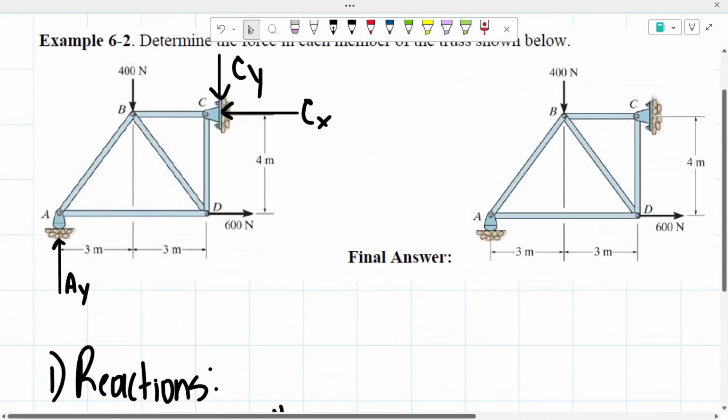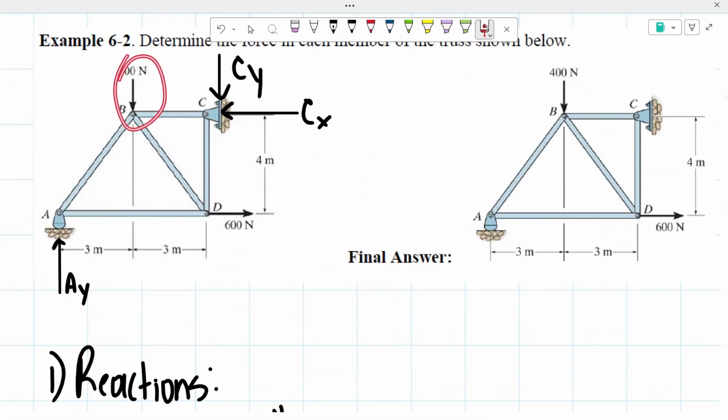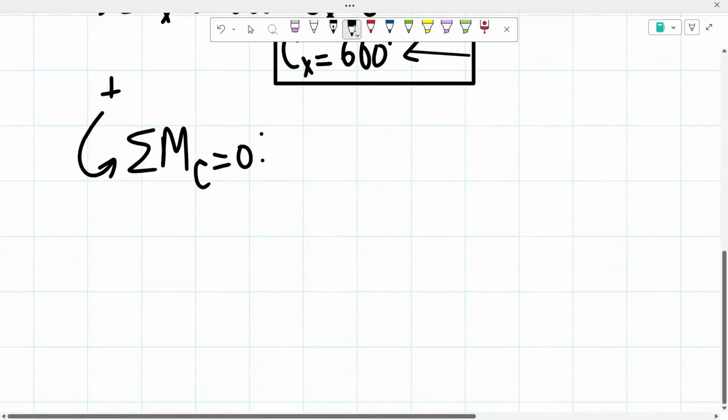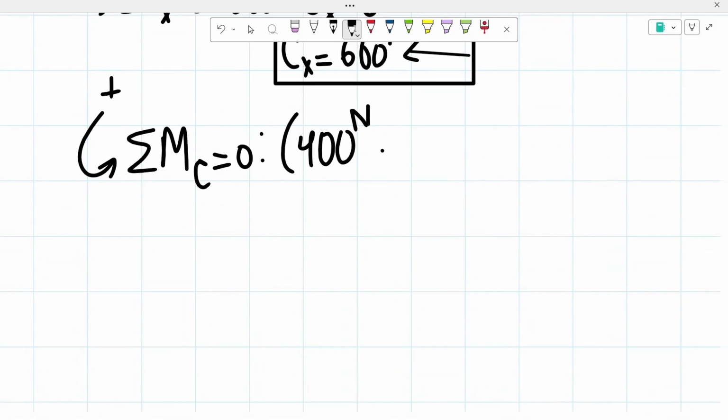From here we have this 400 newtons that's being applied downwards. We know that's going to be creating that counterclockwise moment, meaning a positive moment. And we know that the distance is 3 meters. So positive moment of, remember, moment is equal to the force times the distance.